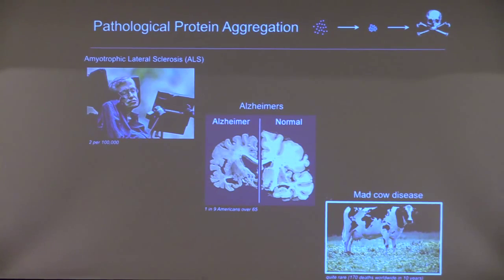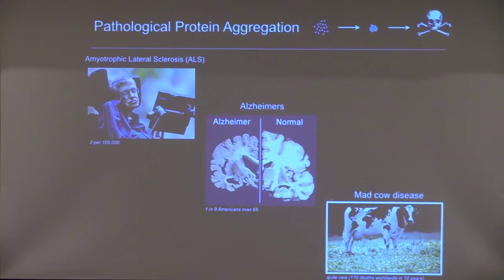We know that proteins can also aggregate and cause disease. ALS, Lou Gehrig's disease, or Stephen Hawking has this disease. He's actually, many of you know this, a rare case that survived many years, but usually within a couple of years it's all over, and it can onset in someone's 30s. Alzheimer's, something like 1 in 9 Americans over 65.